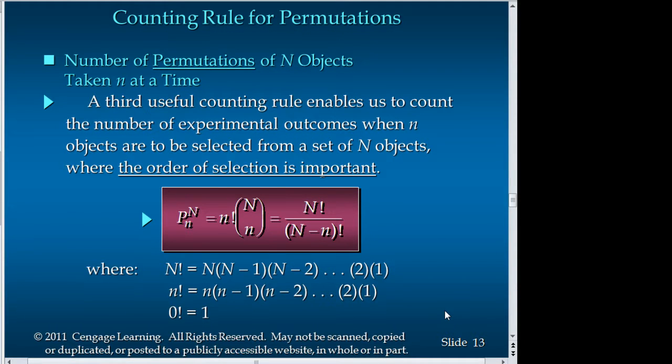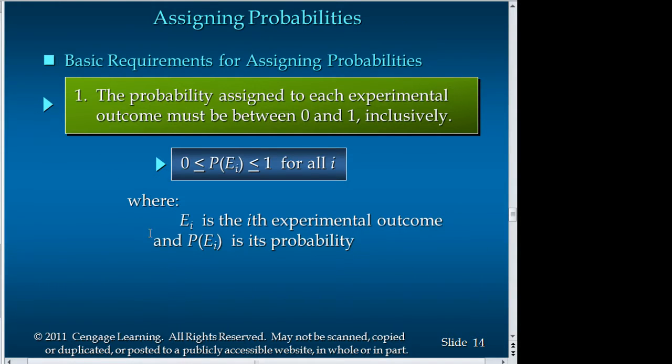All right. So let's go back to this and talk about assigning probability. We talked about this. Probability is going to be between 0 and 1. Let's talk about this. I want to make a point there.